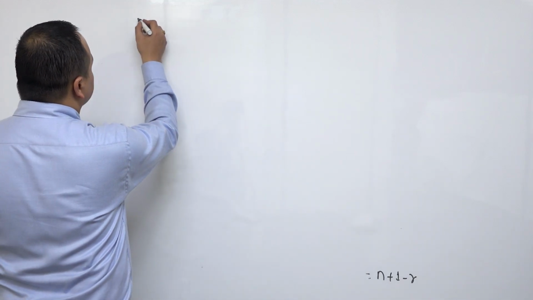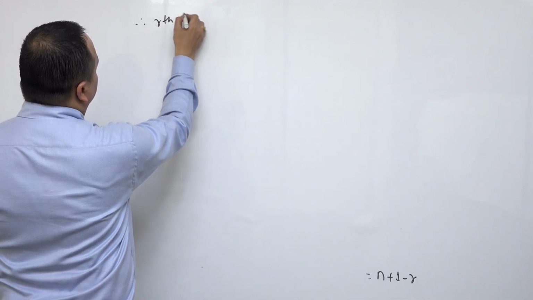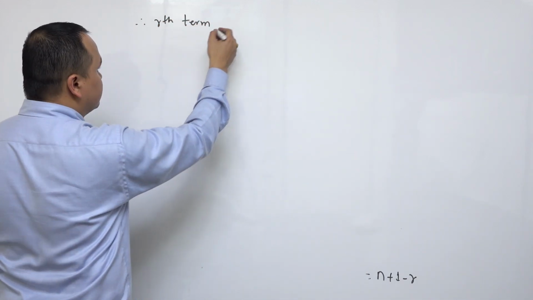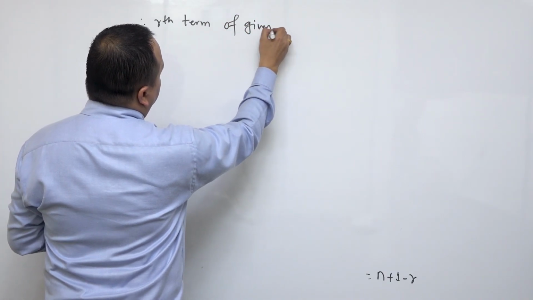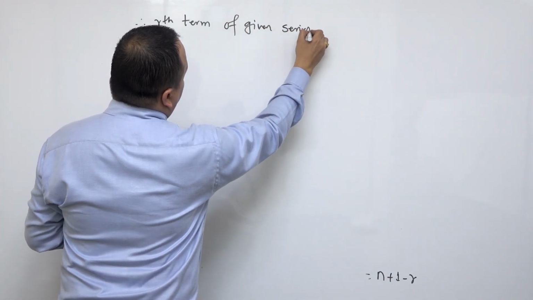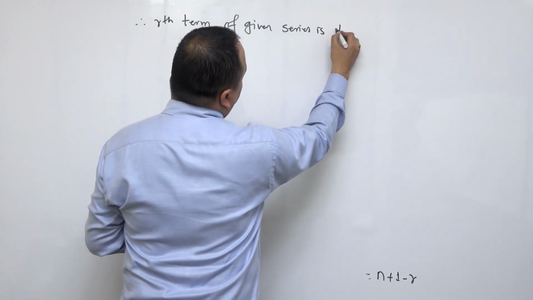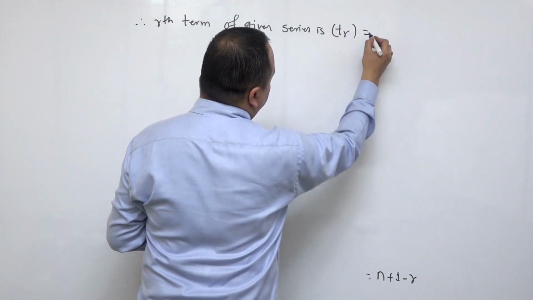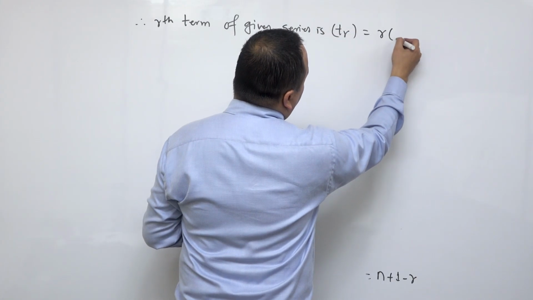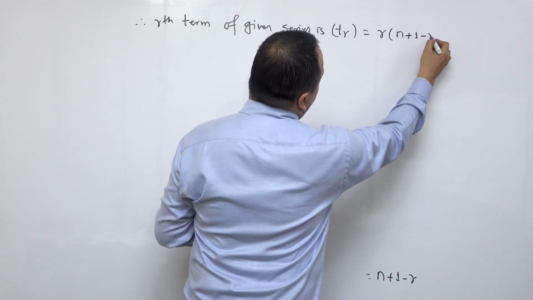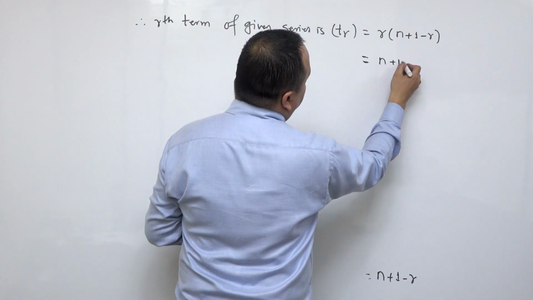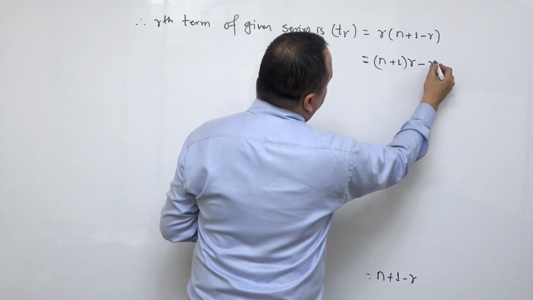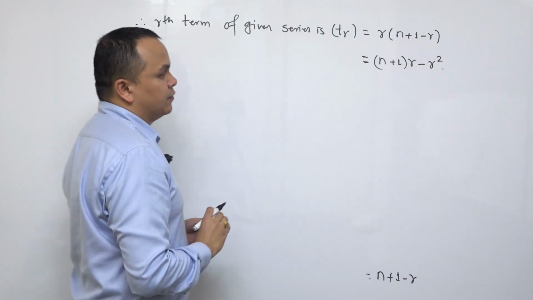Therefore, rth term of given series is Tr, which is r times n plus 1 minus r, which is n plus 1 times r minus r square.